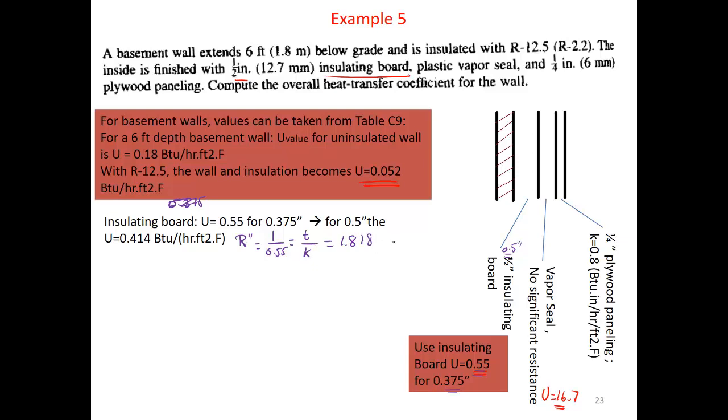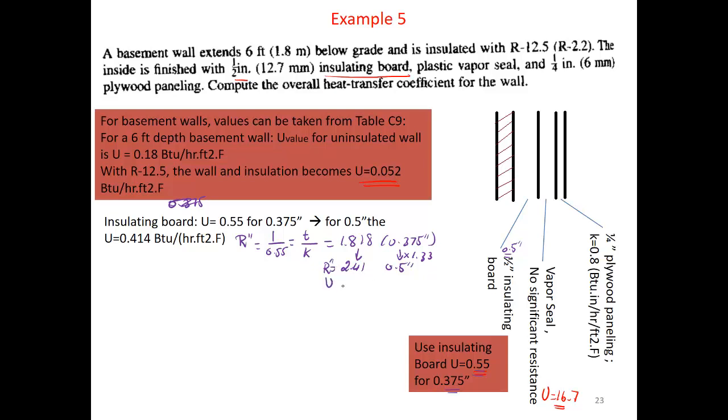That's for 0.375 inches. Now we've increased that to 0.5 inch, so if you divide this by that, you're going to multiply this by 1.33. So you need to multiply this by 1.33 also. You'll have 2.41, the new resistance.